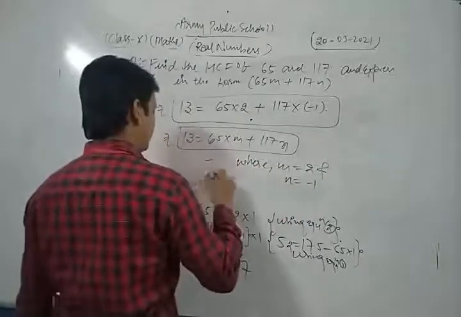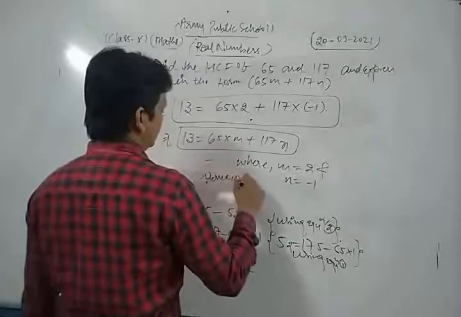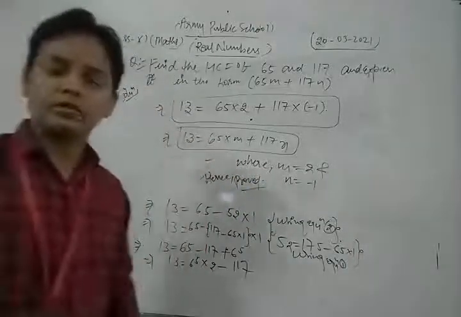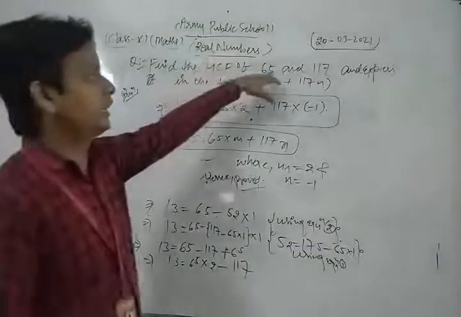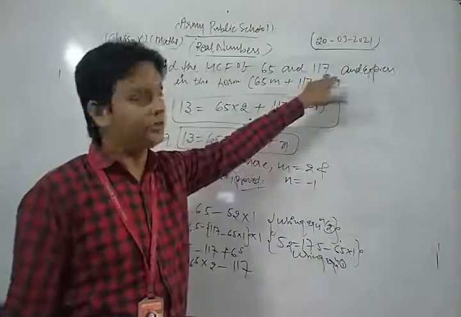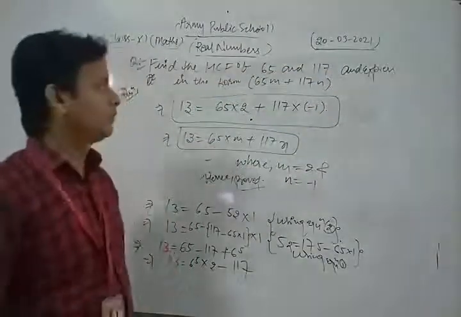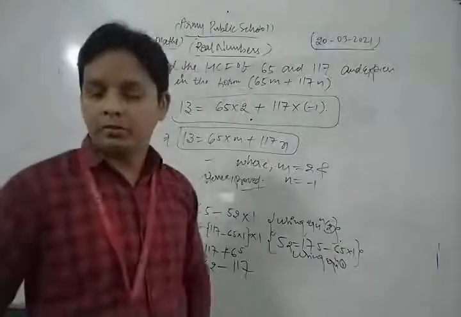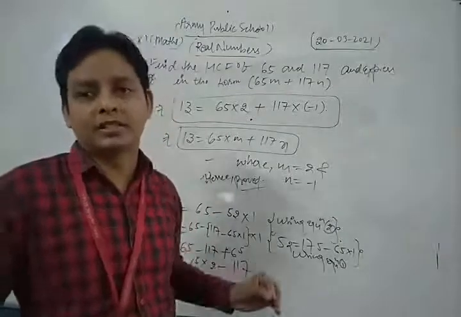Hence proved. Thus in this way we express the HCF of 65 and 117 in the form 65m plus 117n.